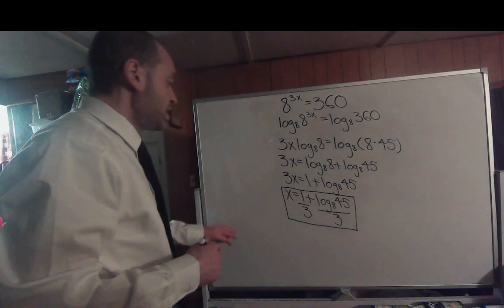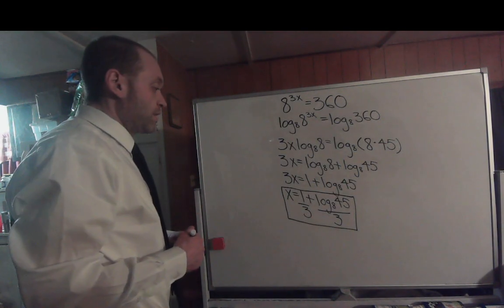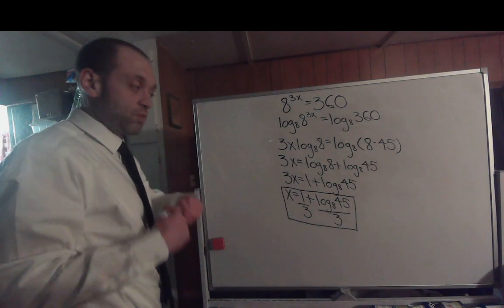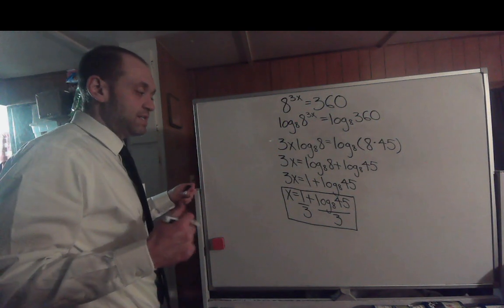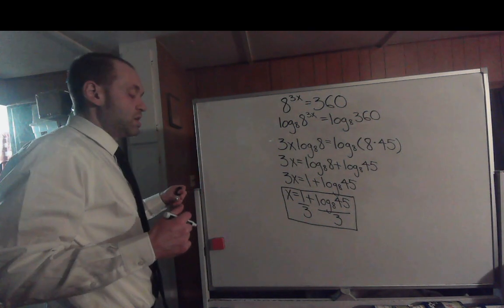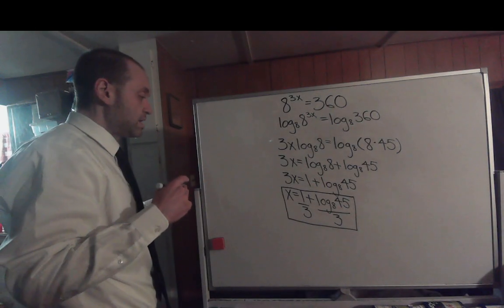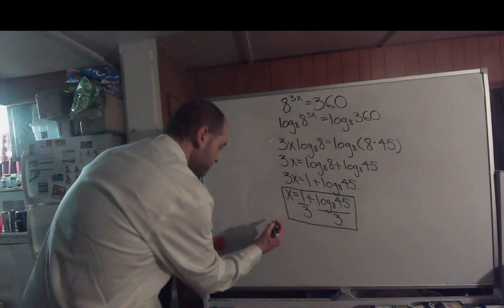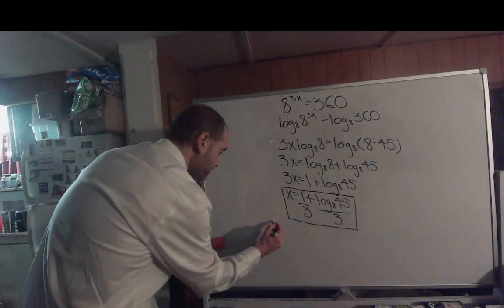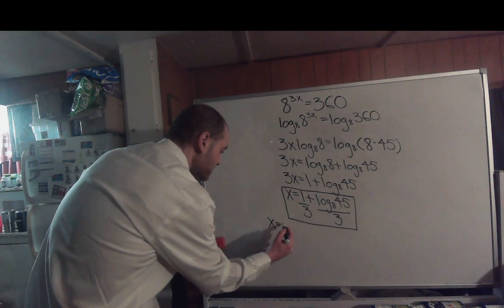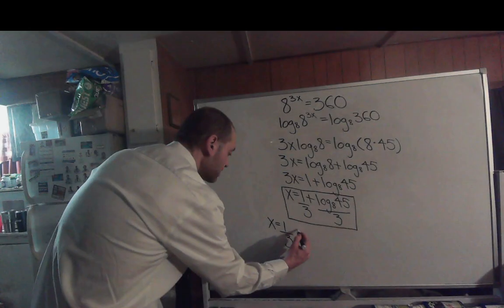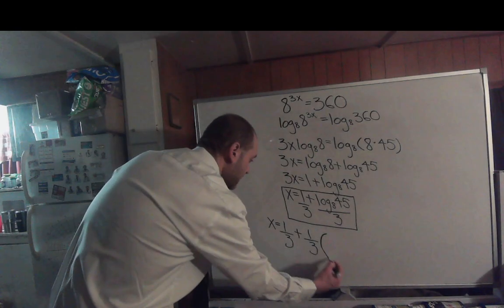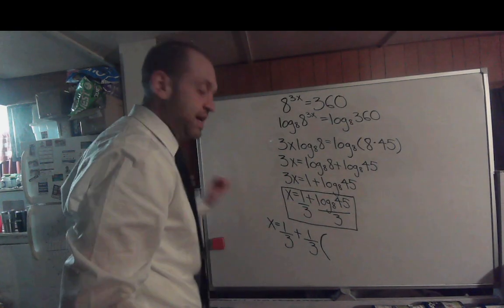So we need to figure out a way to round this to 3 decimal places. Well, that log base 8 of 45, we're going to have to use the change of base formula. So what I'm going to suggest here is we're going to keep the 1/3. x is going to equal 1/3 plus 1/3 times, now we've got to deal with that log base 8 of 45.